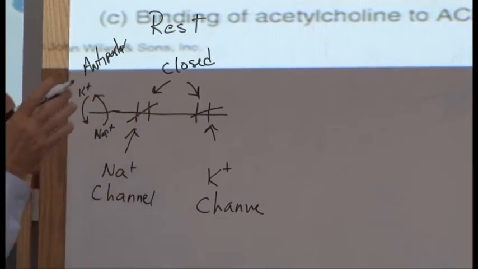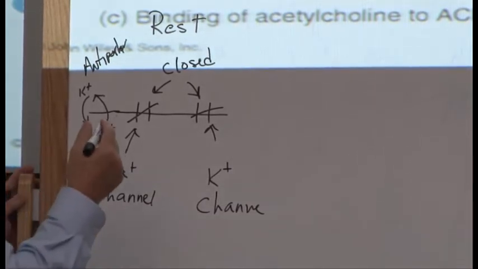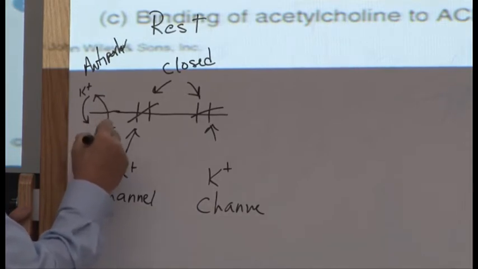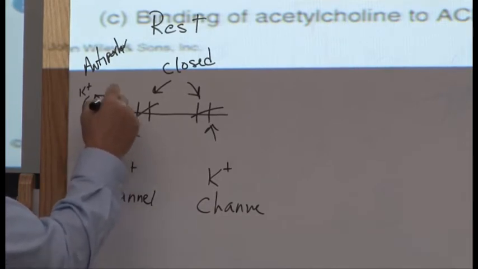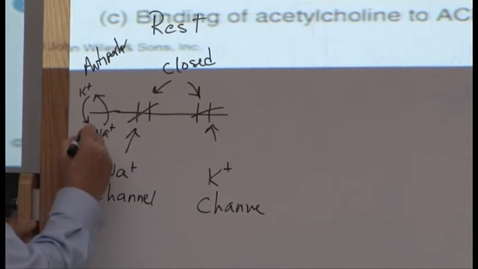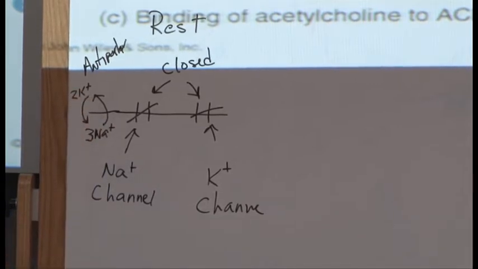If you look at the periodic table, sodium and potassium are different size molecules, and so sodium is more likely to move passively through the membrane because it's a smaller molecule. So we're removing basically 3 sodium for every 2 potassium to explain the leakage difference.